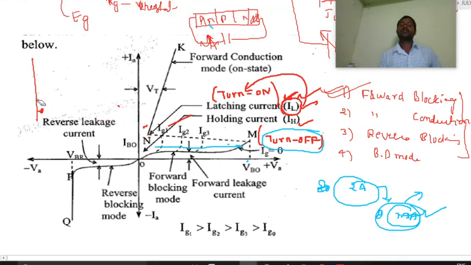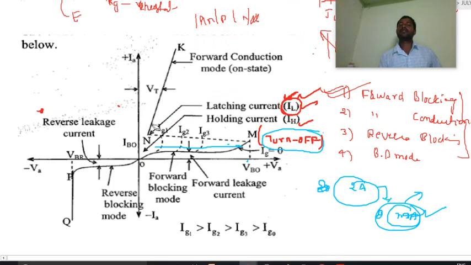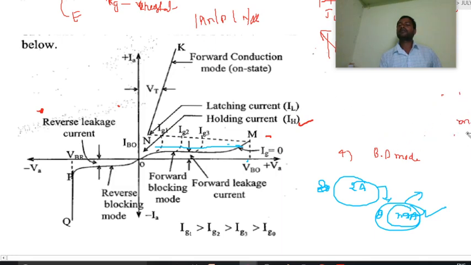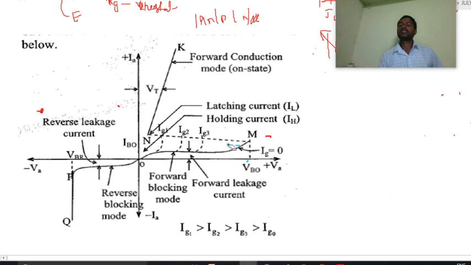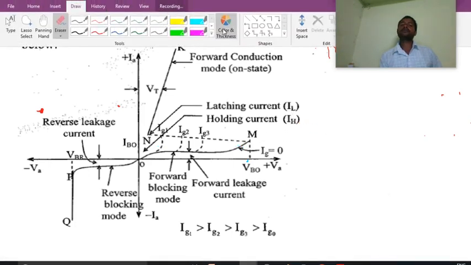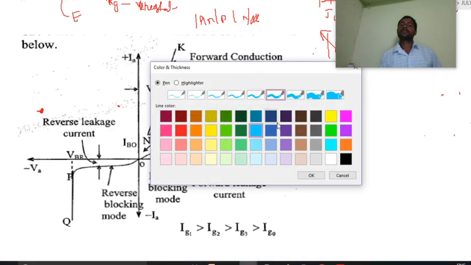So these are the two modes of SCR: forward conduction mode and forward blocking mode. In these two areas, I will discuss another important point.